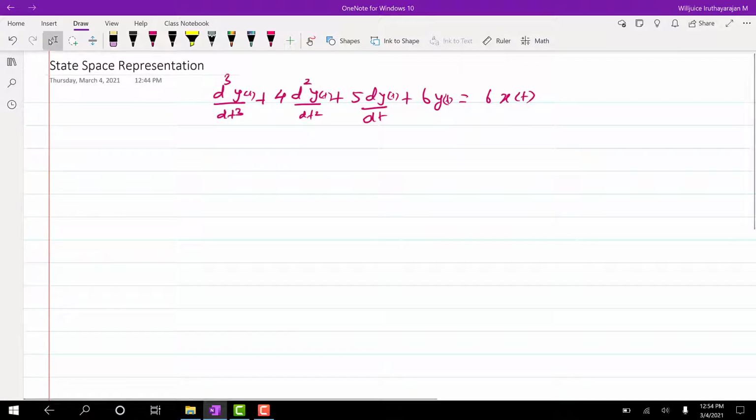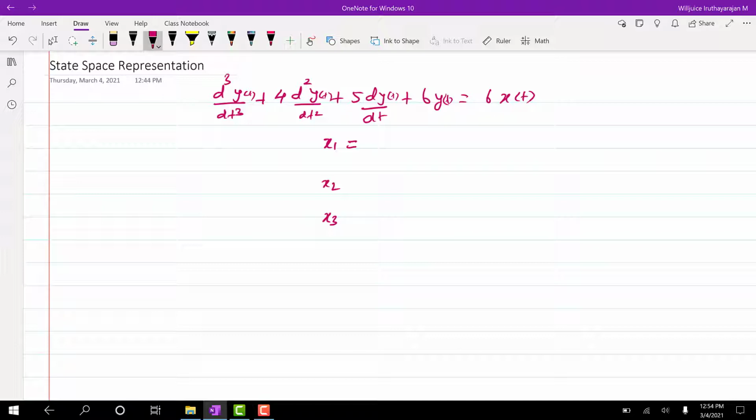So we have to choose x1, x2, x3. How are we going to choose these state variables? In general, the output and its derivatives can be chosen as state variables.